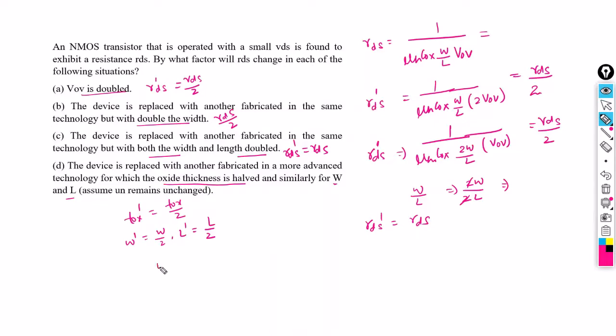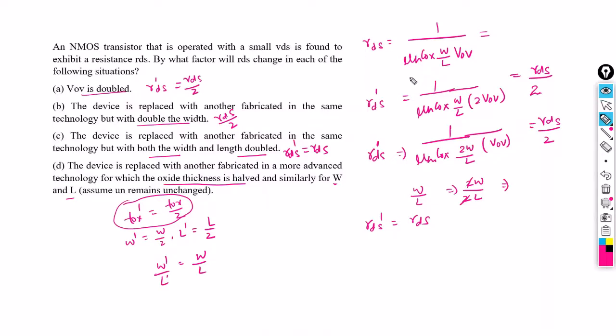So again W dash by L dash will be same as previous W by L, so this will not affect our answer, but we are changing one more factor, which is TOX dash.